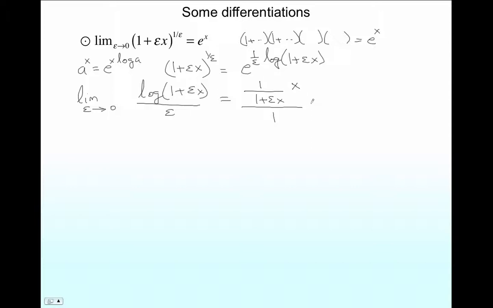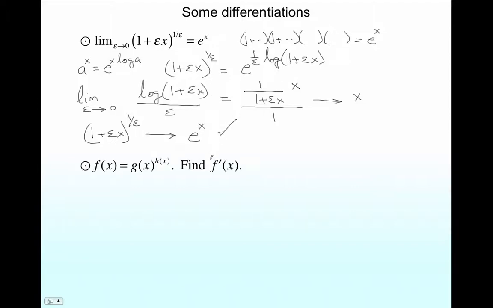In the limit, as epsilon goes to 0, this becomes x. Now, what we've shown, therefore, is that 1 plus epsilon x to the power 1 over epsilon then goes to e to the power x, which is exactly what we wanted.